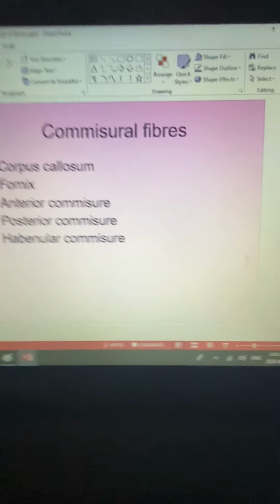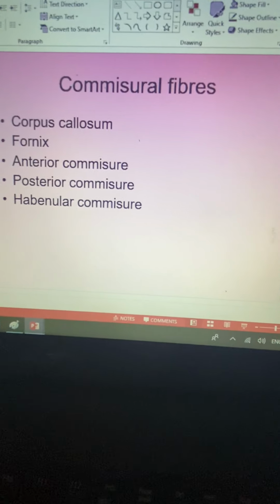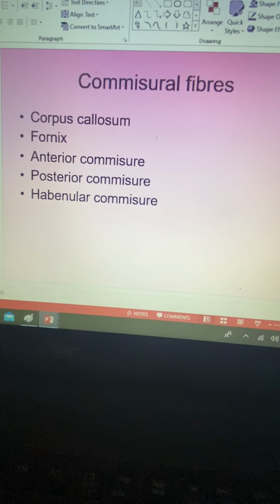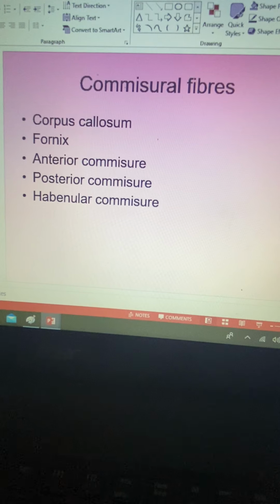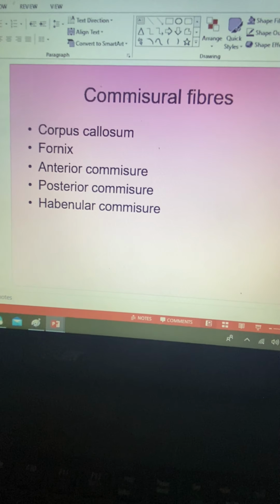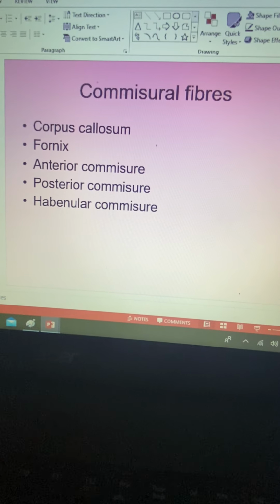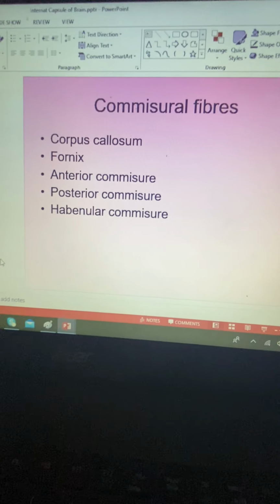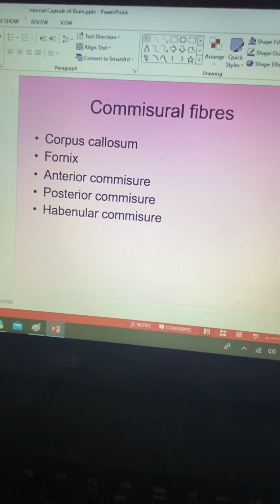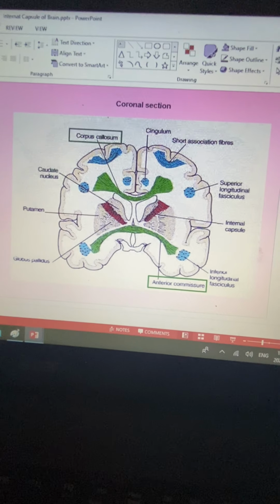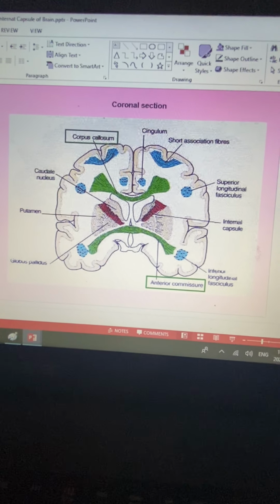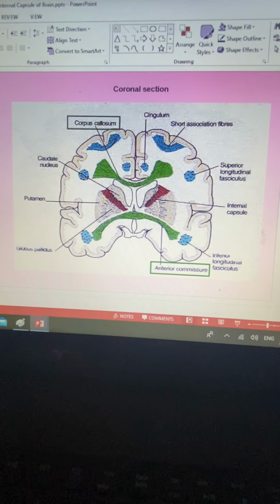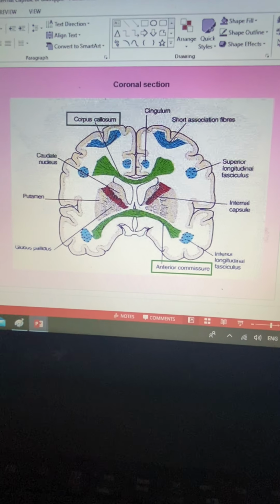So the commissural fibers consist of the corpus callosum, fornix, anterior commissure, posterior commissure, and the habenular commissure, right? I hope you are clear with the types of fibers up till now. Again, you are provided with a figure to show you the corpus callosum.